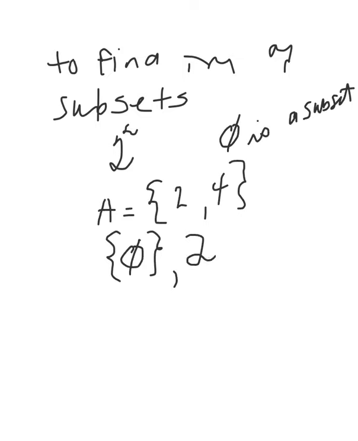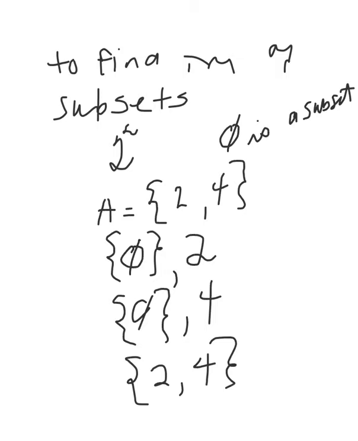So that's 2 subsets. Then we've got the set with the number 4. Then we've got all the elements inside the set, the 2 and the 4. So altogether, how many do we have? 1, 2, 3, 4.